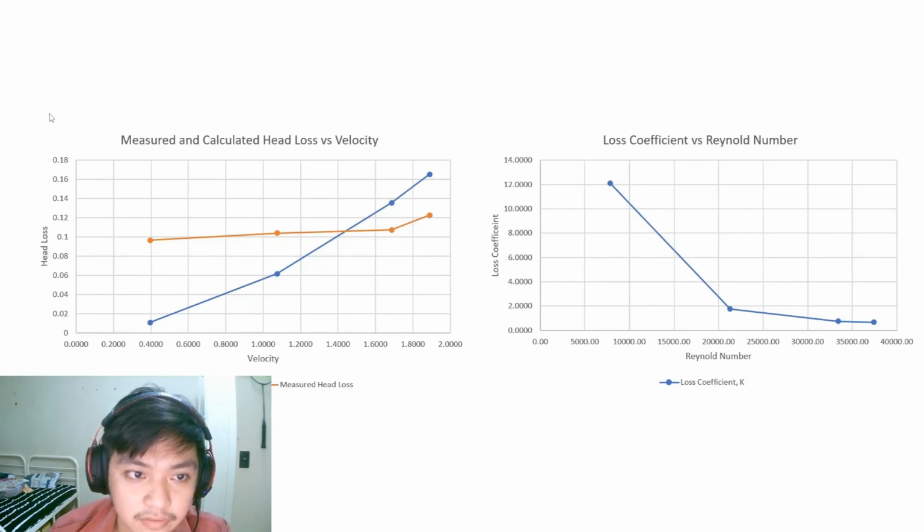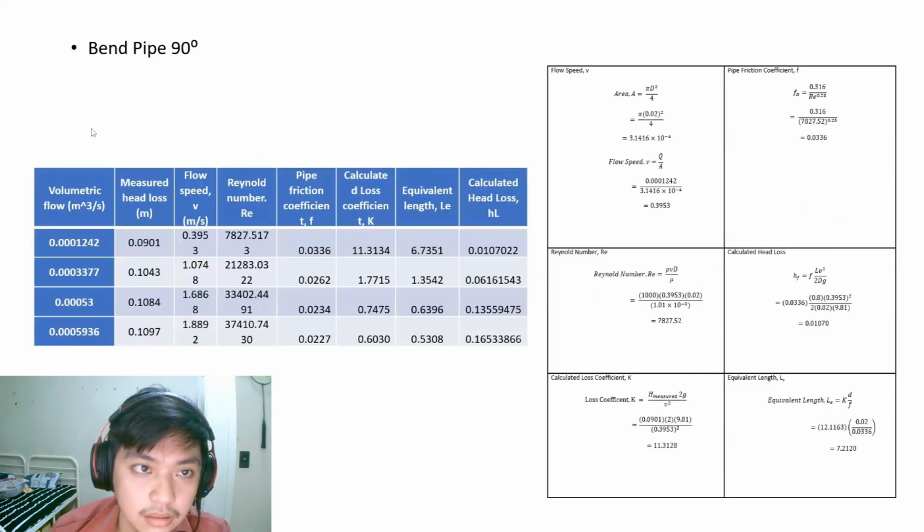And this is the graph for the elbow pipe 90 degree. For the bend pipe 90 degree, we also calculate the flow speed, pipe friction coefficient, Reynolds number, calculated head loss, calculated loss coefficient, and equivalent length.